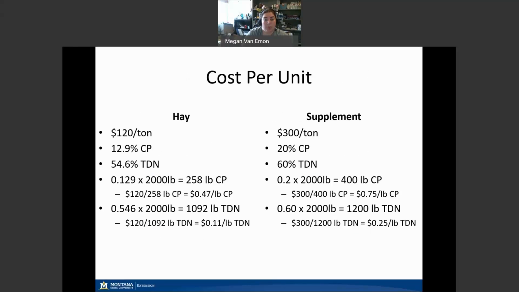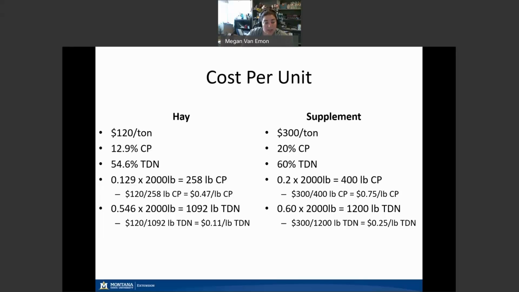So as we move into our cost per unit of nutrient basis, we're looking at hay here, as well as an additional supplement. If we focus on utilizing our protein and our energy, that 12.9% and 54.6% energy from the previous slide, we can calculate how many pounds of crude protein and energy are in each ton of hay. So if we pay $120 per ton for that hay, we multiply 2,000 pounds times crude protein as a decimal, 0.129, which gives us 258 pounds of protein in 1 ton of hay.